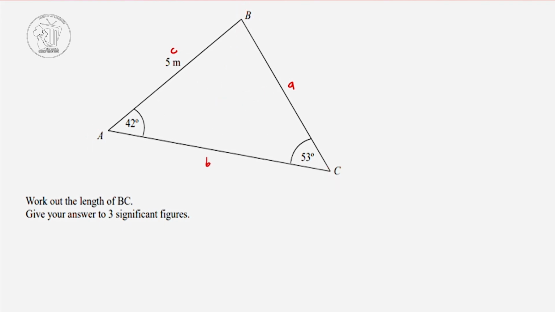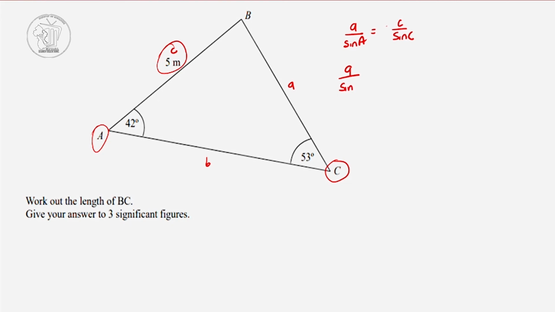Alright, so let's look at what we have. We have angle C and side C, and we have angle A, and we want to find side A. So we use A and C. So we can say A over sine A is equal to C over sine C. A would be the thing that we want to find.